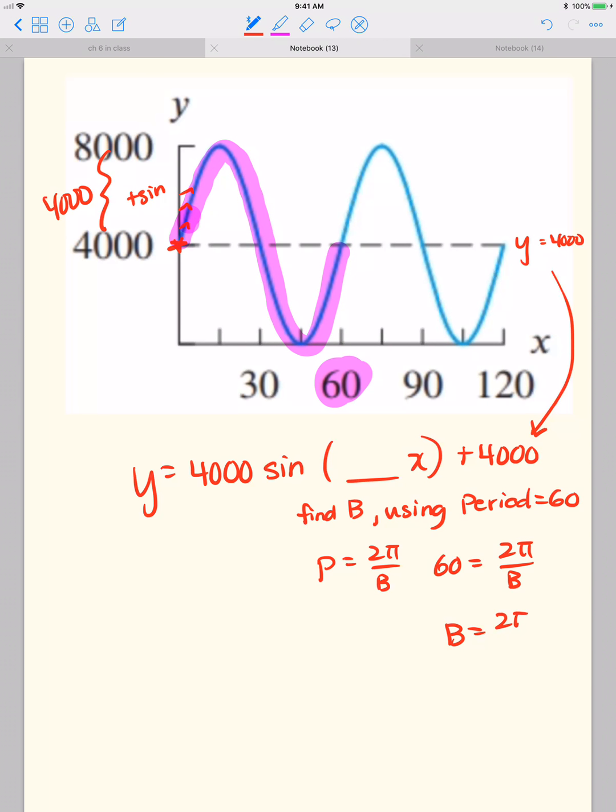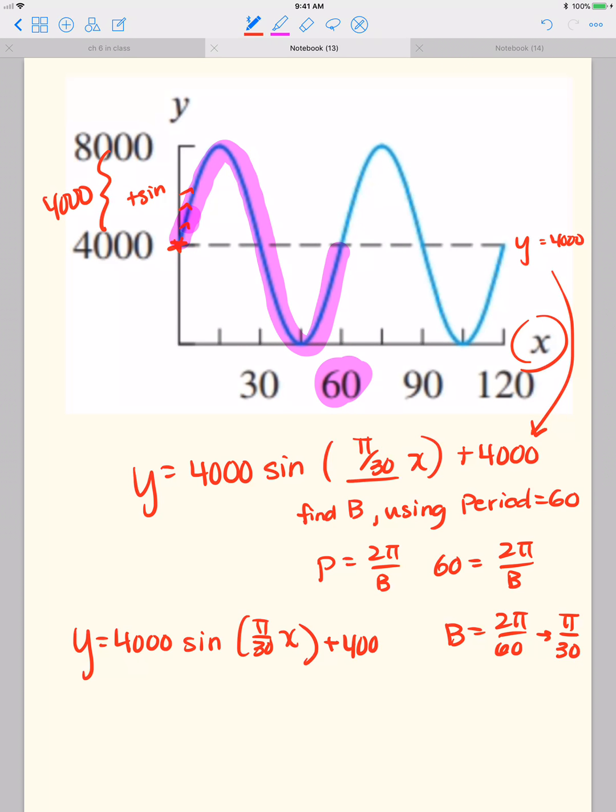So b equals 2 pi over 60, which does reduce to pi over 30. So that's our b value. And we get the equation 4,000 sine of pi over 30x, because x was our input variable, and then add 4,000 on the end.